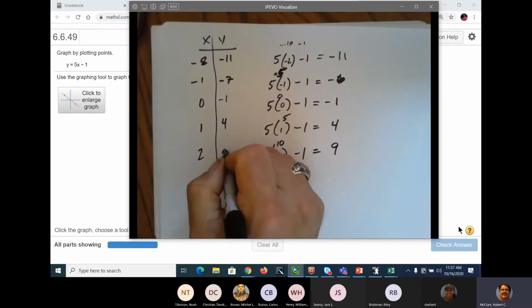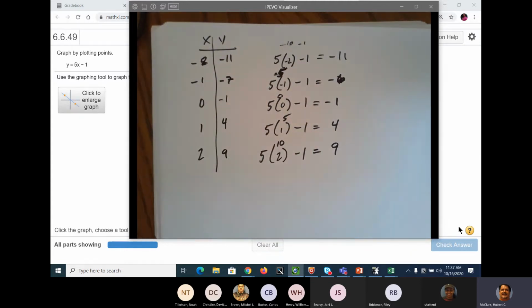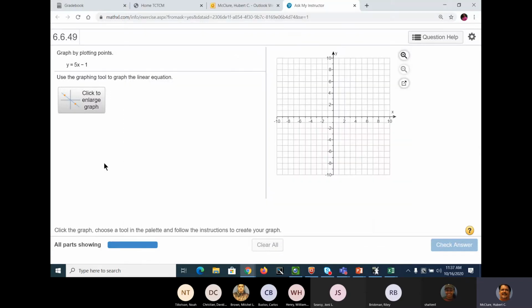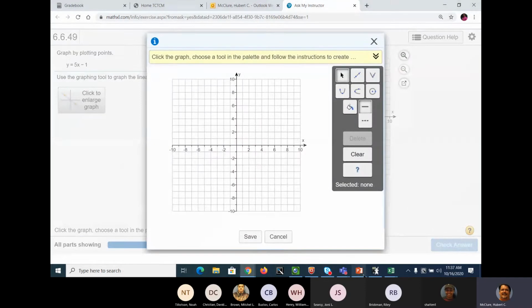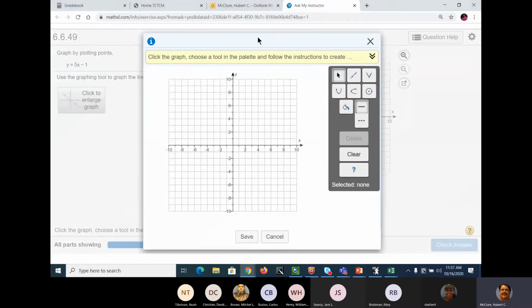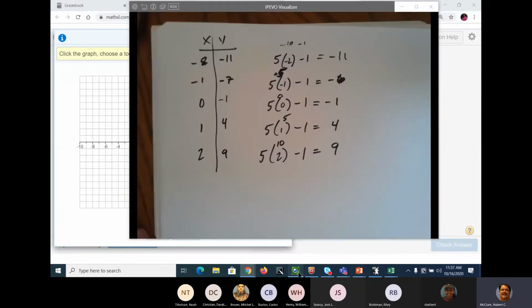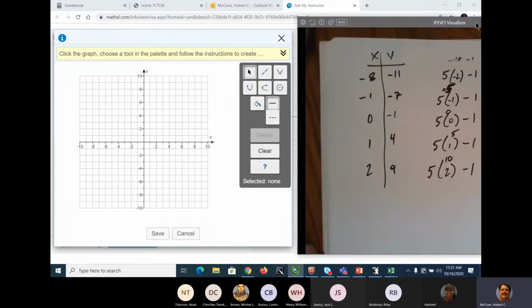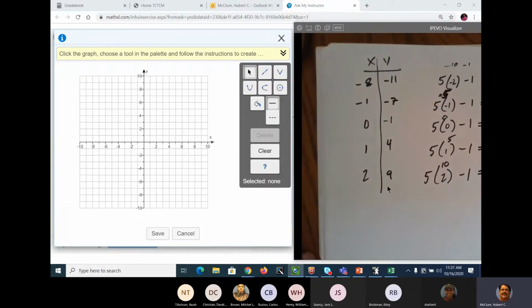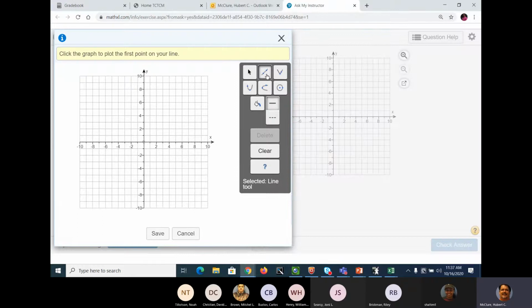Now, they may ask you for a point, and all you need to do is just plug and chug, but let's see what they ask. It just says use. So I take my handy dandy points. I'm going to move this over. There's our points. So take your pick. Let's pick 0, -1.